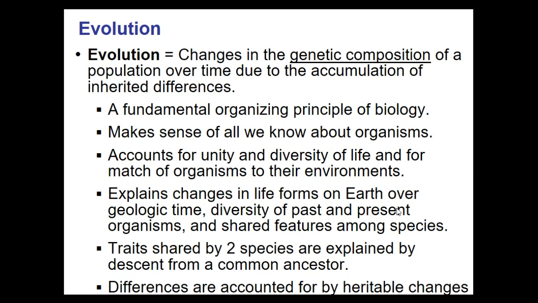But if 100 years from now that's a different percentage, maybe 70% blue eyes, 30% brown eyes, then that's evolution. There's not necessarily any new species forming or anything. People look the same as they do now, but there's just a different proportion of the genes in the populations.